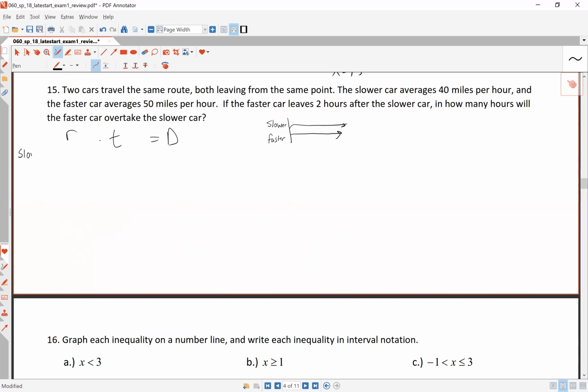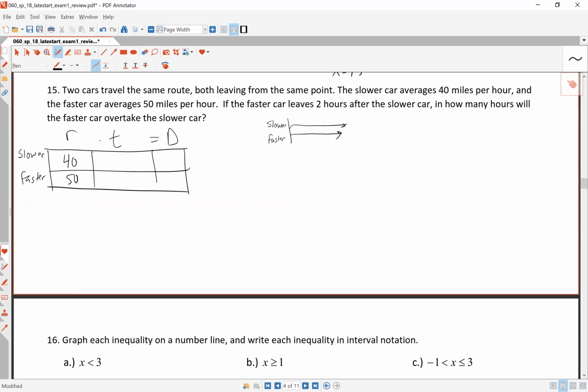So we label them slower and faster. The slower car averages 40 miles per hour and the faster car averages 50. But the faster car leaves 2 hours after the slower car.